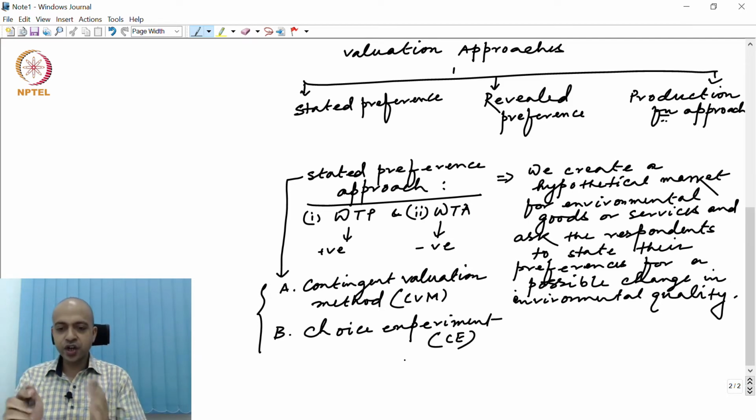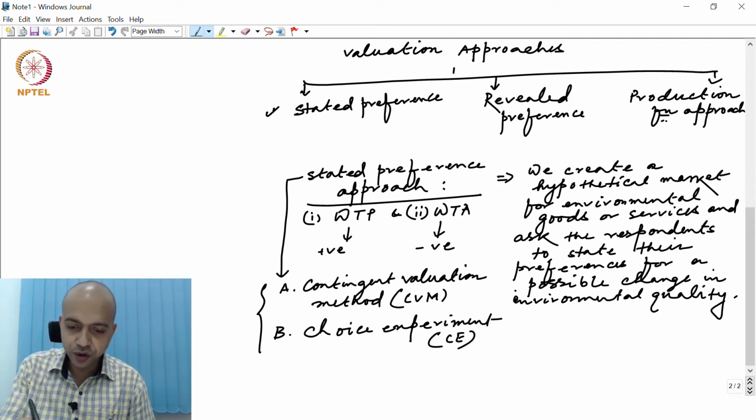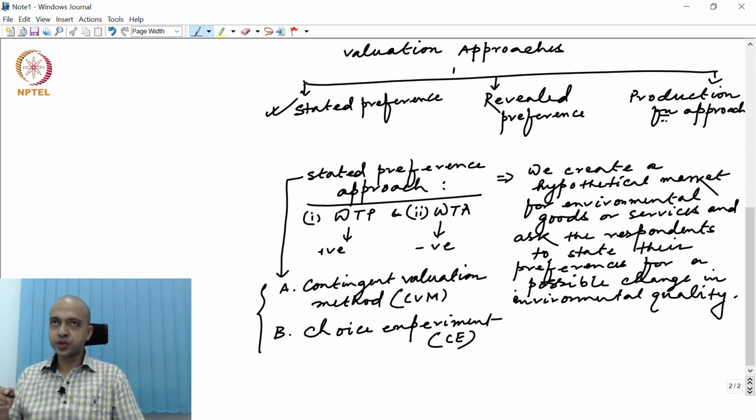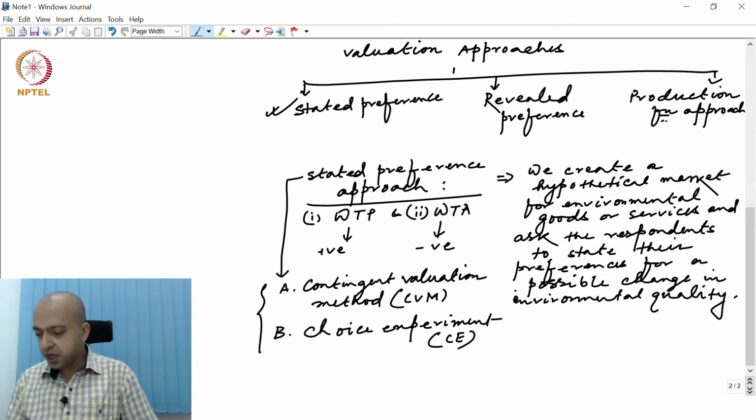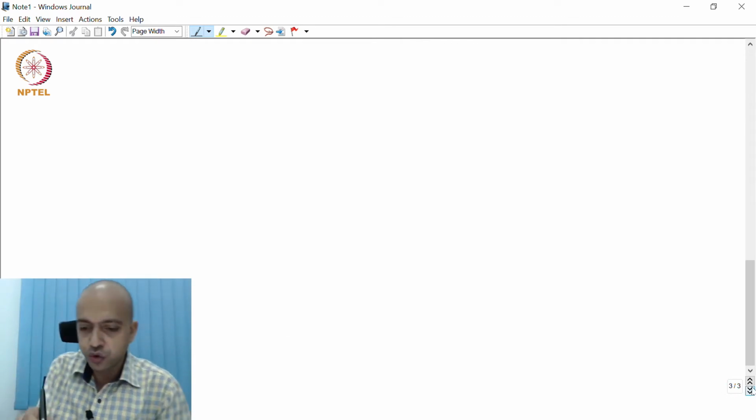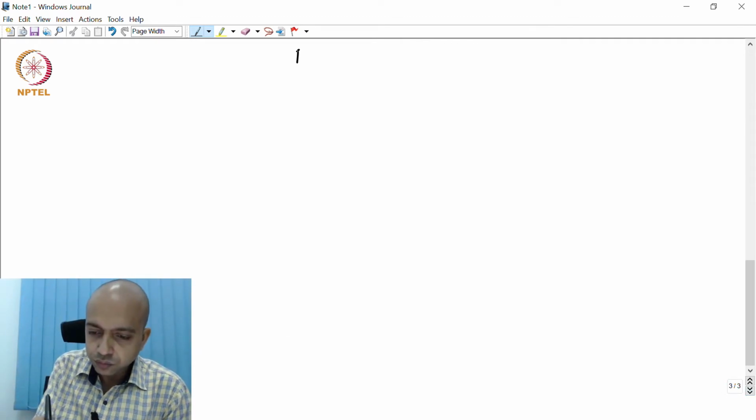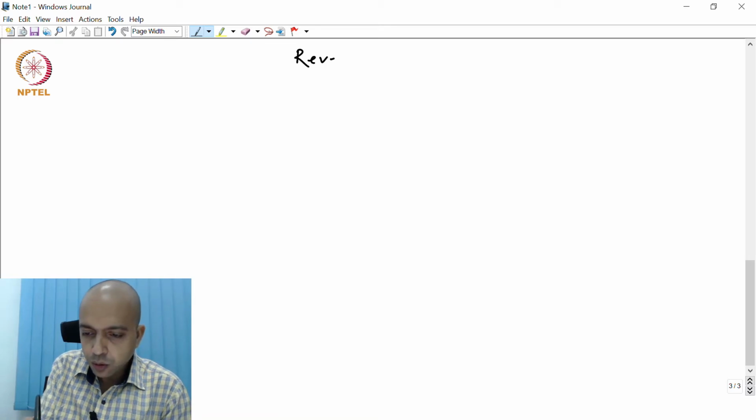So this is the first category, which is called stated preference approach. Consumers or respondents are asked to state their preference. Then the second category is revealed preference approach.